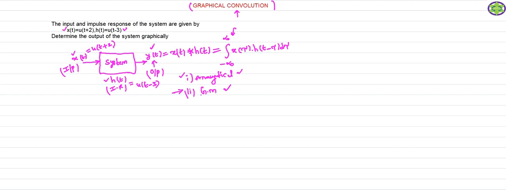But using the graphical method, we represent both the signals, the input and the impulse response, in the graph. With the help of the graphs of your input and your impulse response, we evaluate this integral operation. Therefore this is a graphical method of convoluting the two signals.